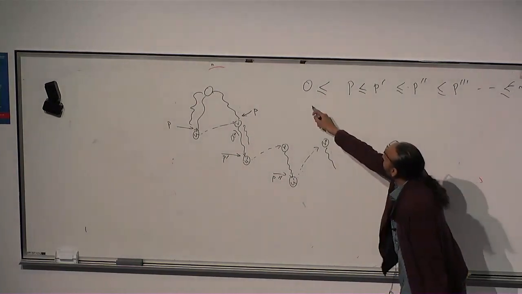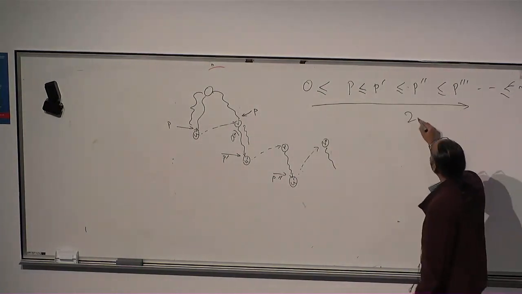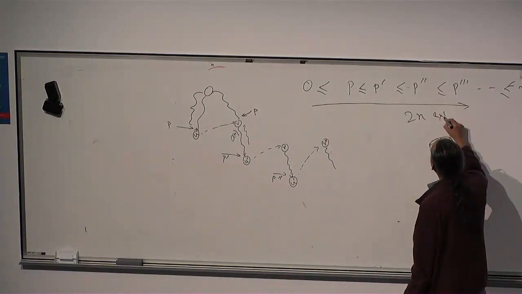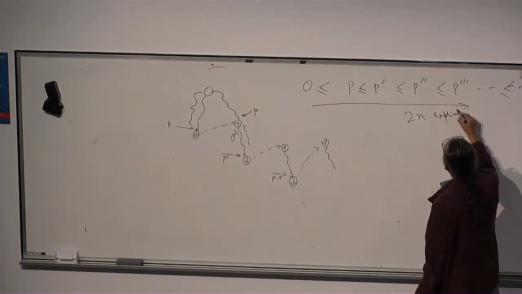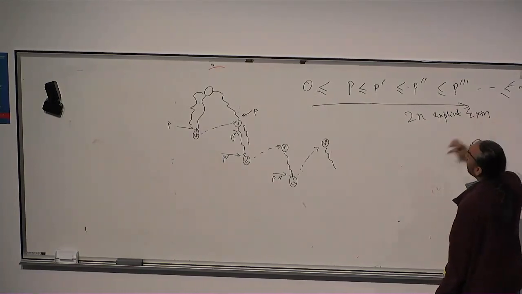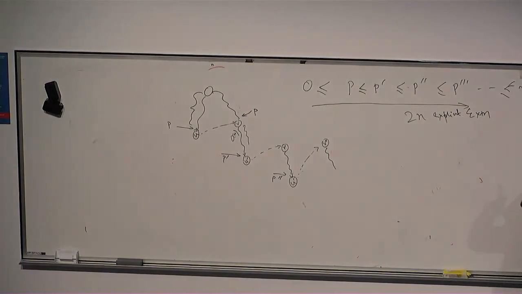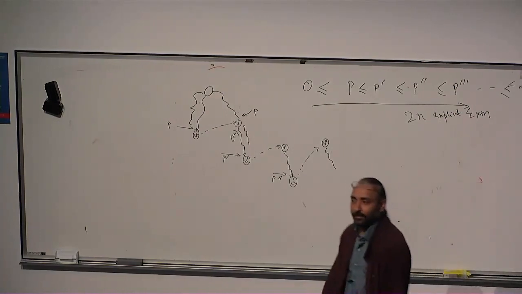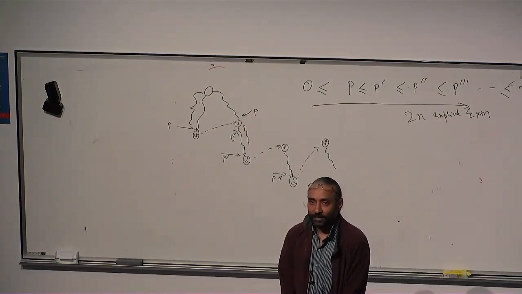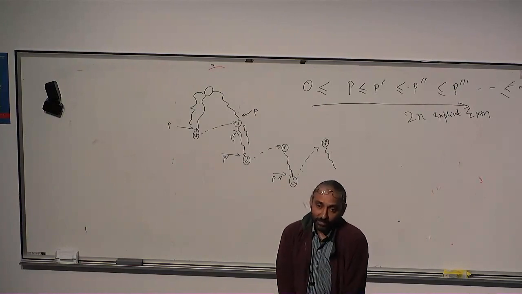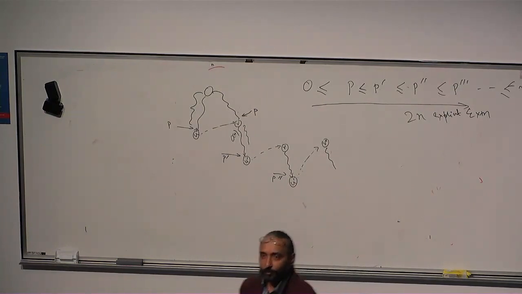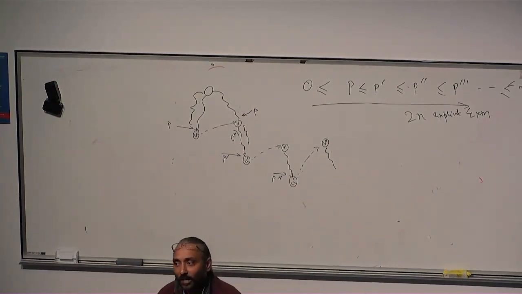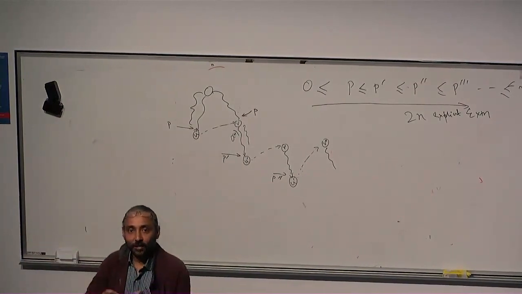Think about how you have to do this in 2n explicit extensions. There are only 2n possible explicit extensions. You start at nothing, you have a distance to cover, you hop. Every time you do something, you've progressed. You're either staying there in the next thing or moving forward. Every time you're only covering the distance towards n.